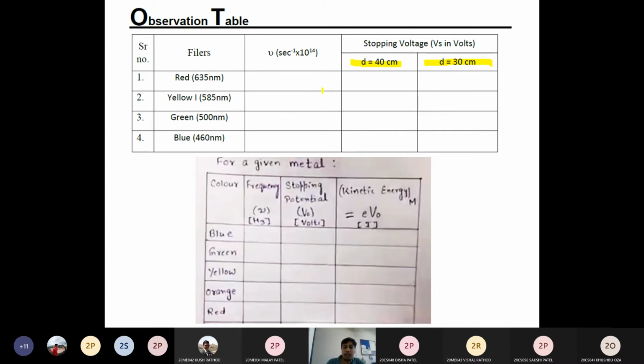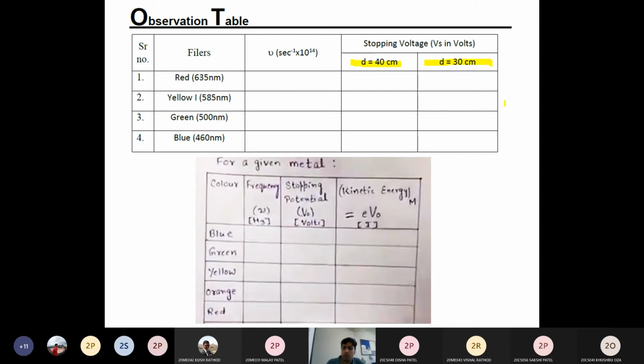Apart from these three or four columns, we can add one more column, that is kinetic energy, eV0. Stopping potential is indicated here as V0, and there as Vs, so that's fine. If you multiply by e, then you will get the kinetic energy.